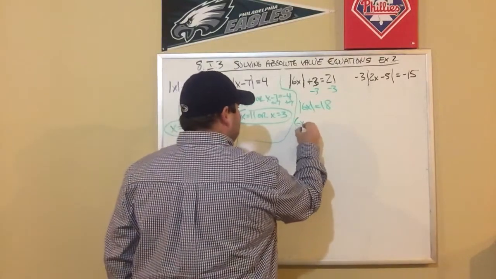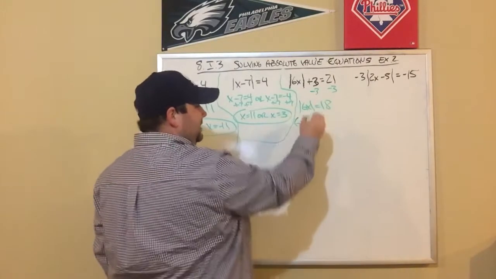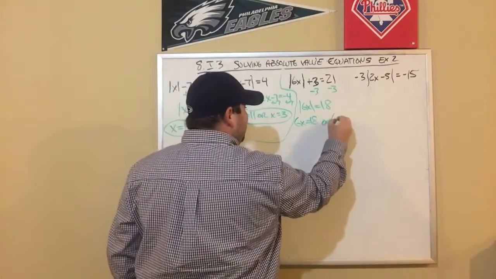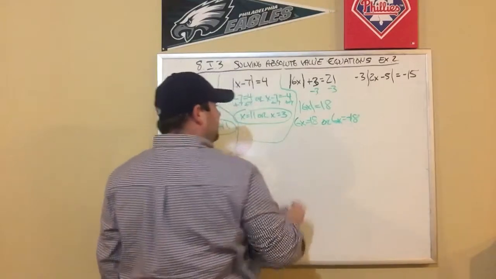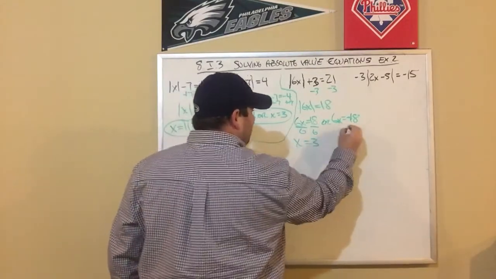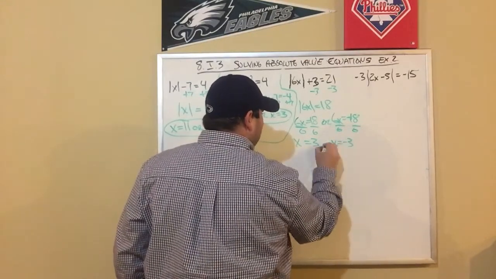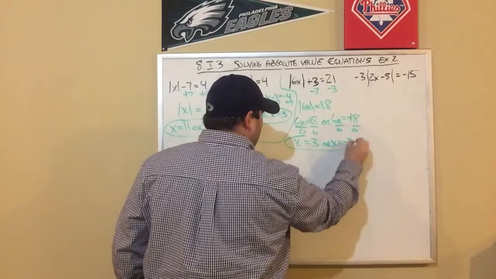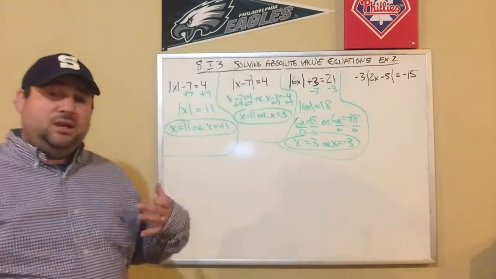I do 6x equals 18, so I just take what's in the absolute value symbol and make it equal 18. Or, same thing, but it equals negative 18. I solve both of these by dividing by 6. I get x equals 3. Over here, divide by 6, I get x equals negative 3. So my answer is x equals 3 or x equals negative 3.